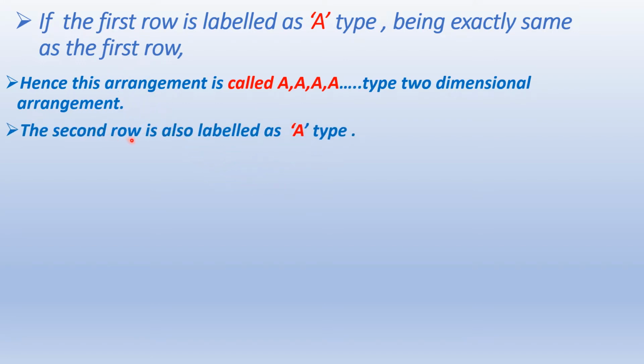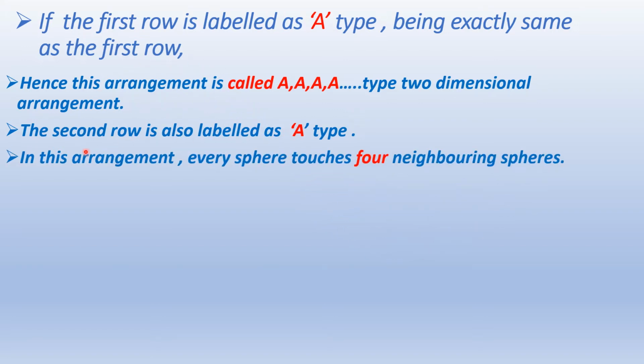The second row is also labeled as A type. In this arrangement, every sphere touches four neighboring spheres.